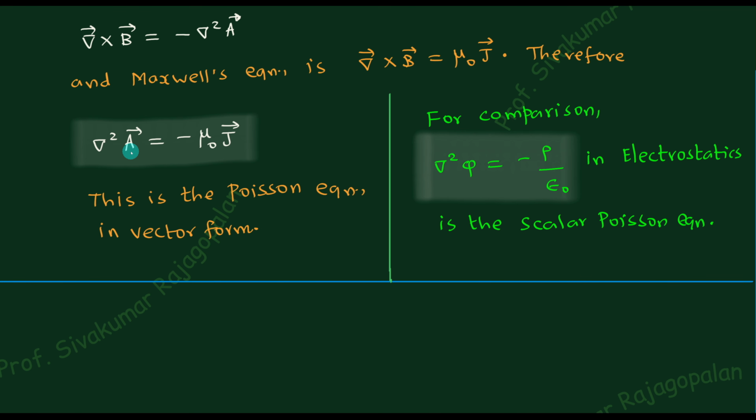If the capital A vector can be determined, you can always take its curl and say that the magnetic field is also determined. So ultimately we are able to understand the magnetic field due to the current density in terms of the magnetic vector potential. This is the mathematical foundation in the understanding of the magnetic field. Okay, so this is the conclusion.